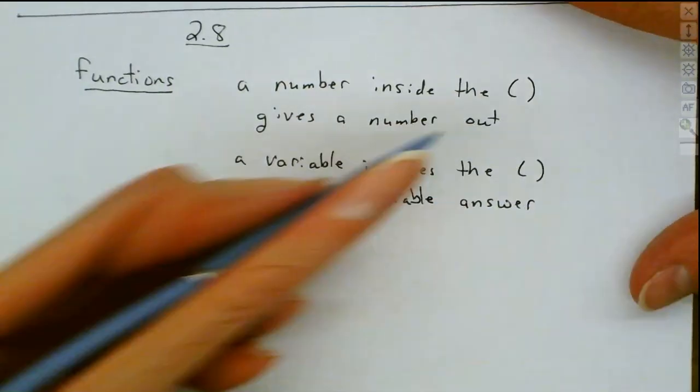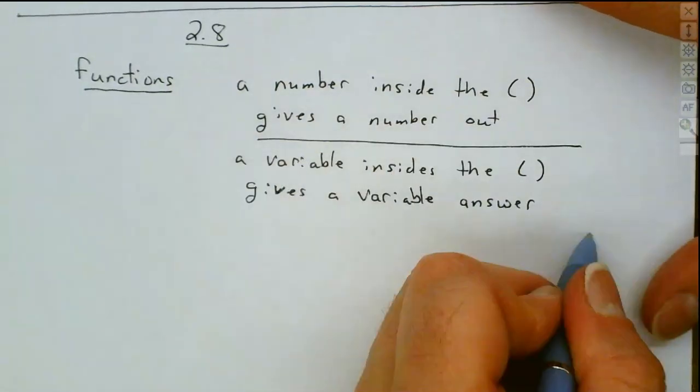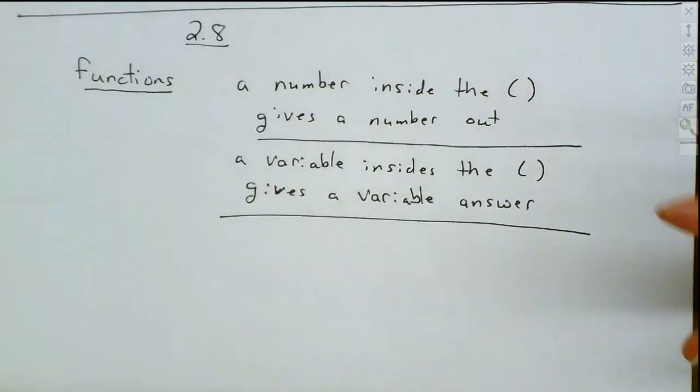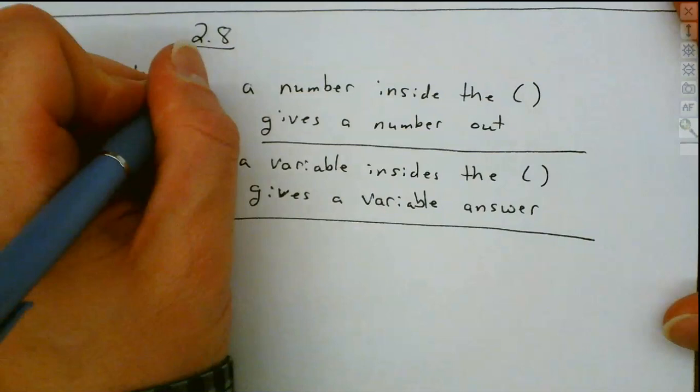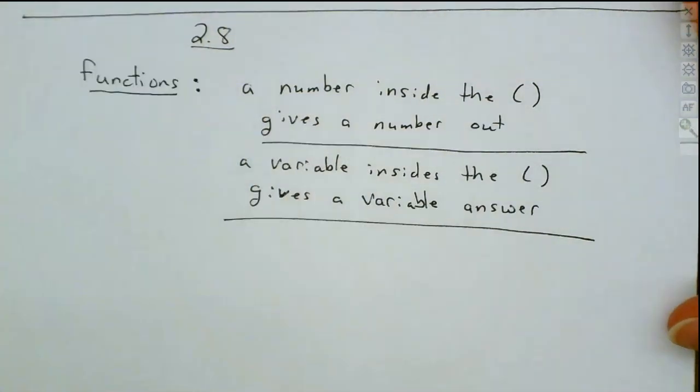So number in, number out, variable in, variable out. These are also pretty easy to do, but a lot of times students get mixed up with that. A lot of times, though, students get mixed up and they try to give me variables when it's supposed to be a number.